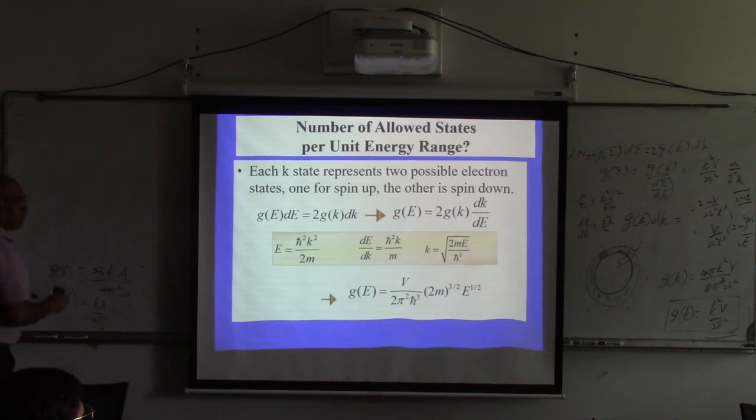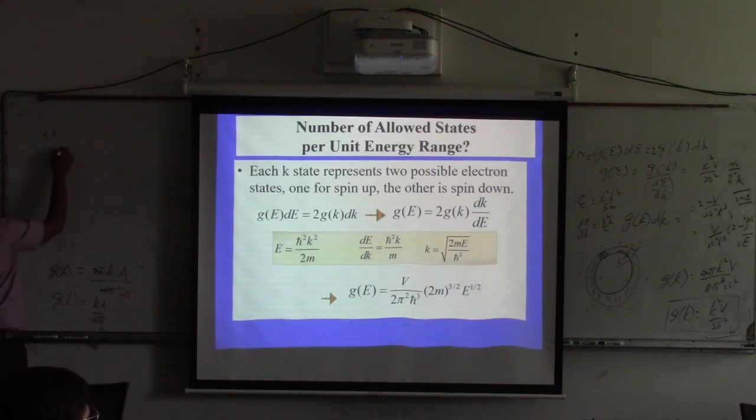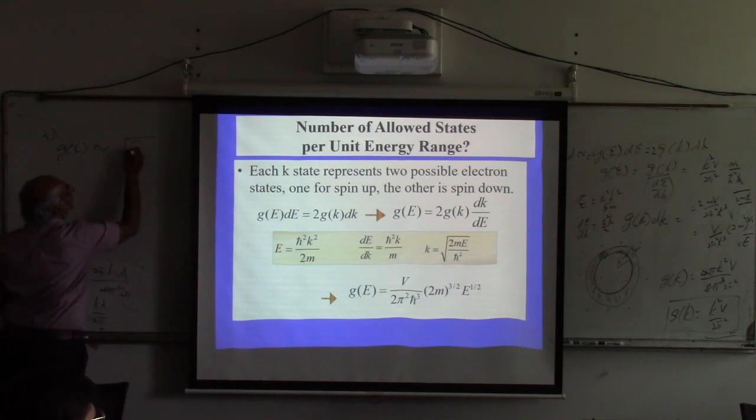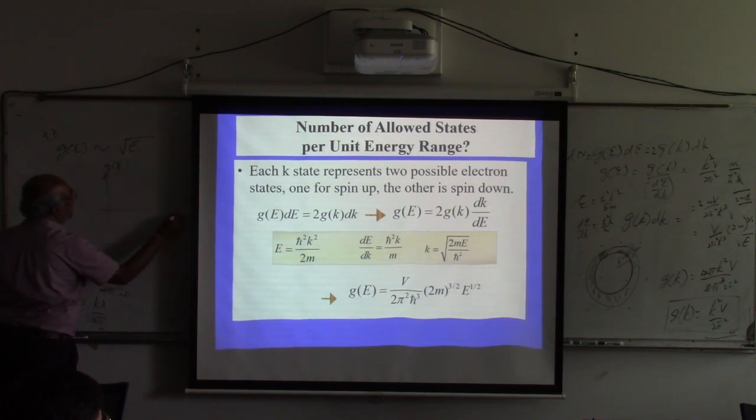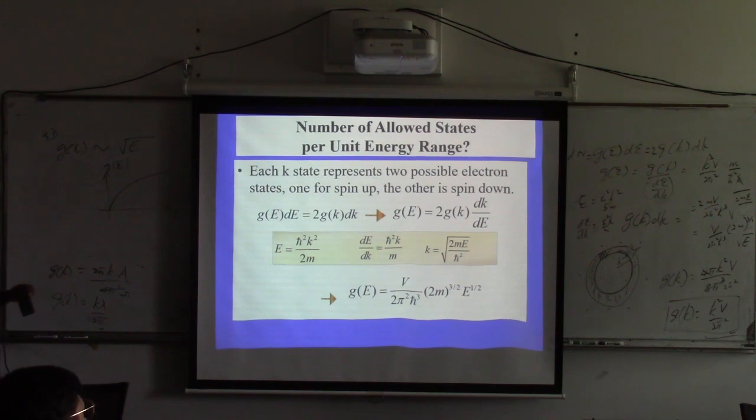In the linear case, then it goes 1 over E. Yeah, you can show in the 3-dimensional case, your density of states GE goes something like the square root of E. So if you draw density of states versus E, it goes like square root of E, right?